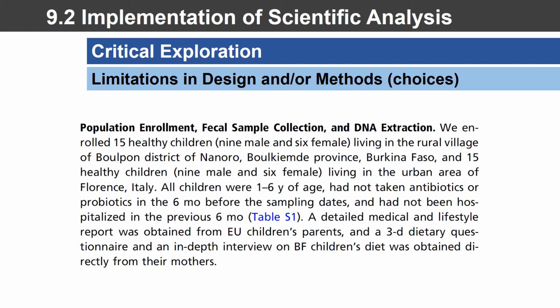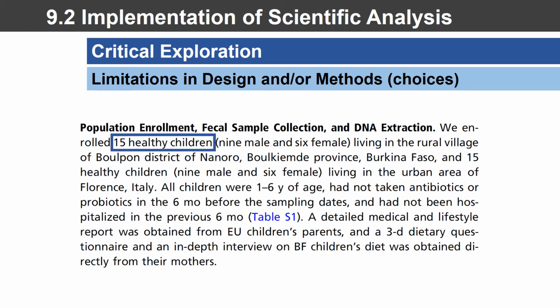So these are the very first steps in conceptualizing this work, establishing how the poop was going to be collected, and of course the poop is where you find the gut microbes, and how the DNA was going to be extracted from those poop samples, the DNA of the microbes, so that they can be identified for the bacteria species that we learned about in this paper.